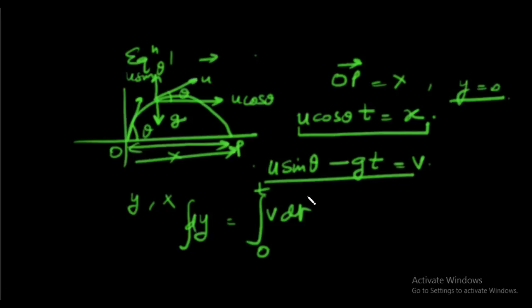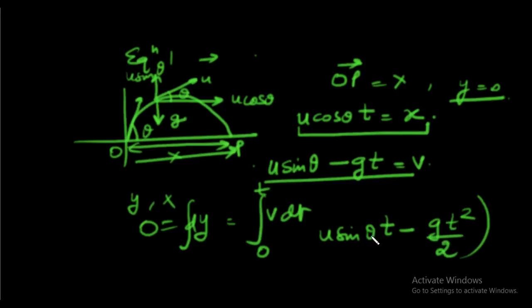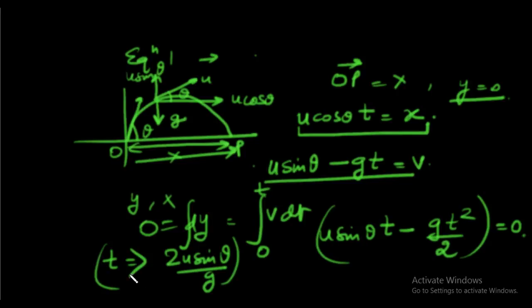So the displacement along vertical is 0, and the whole integration would be 0. So u sin theta times the net time taken minus g t square by 2 equals 0. I have already taught you the integration, you can do it. Hence we get the total time as 2u sin theta by g. This is the total time taken by the object.